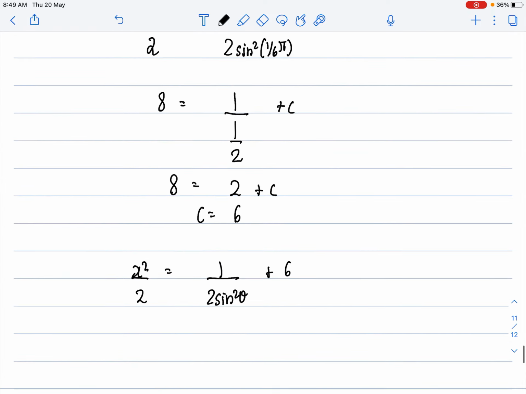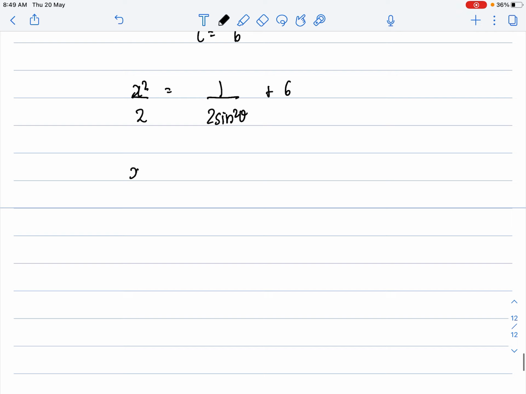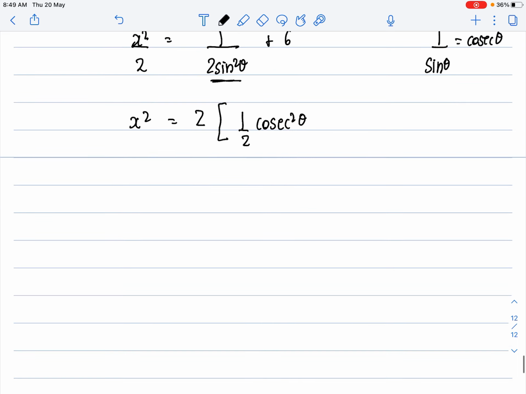Got it? Now I can write x square equals 2 into 1 over 2 cosec square theta, because 1 over sine theta is cosec theta, plus 6.